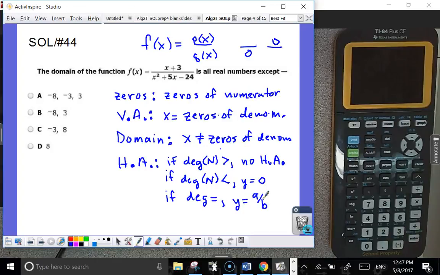Okay, and then the last thing that we found, once we knew what the horizontal asymptote was, then we could say, what is the end behavior? So what is the graph doing on the edges of the graph if there's a horizontal asymptote? It's approaching the horizontal asymptote.